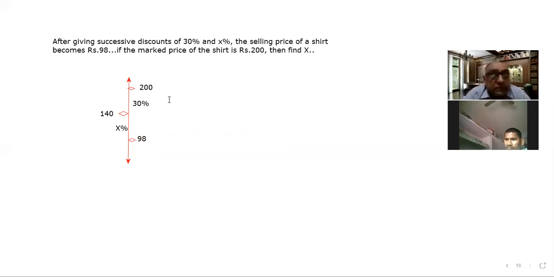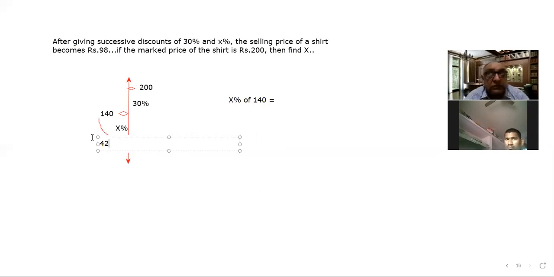So X% of 140 is equal to 140 minus 98, which is equal to 42.